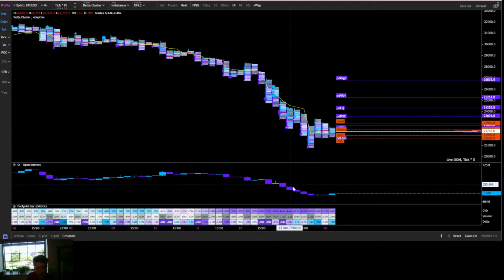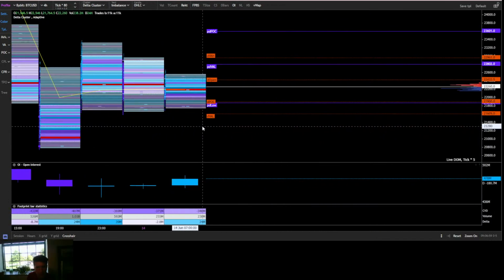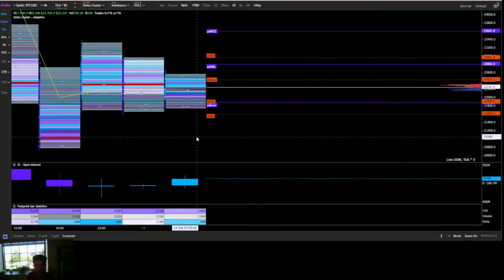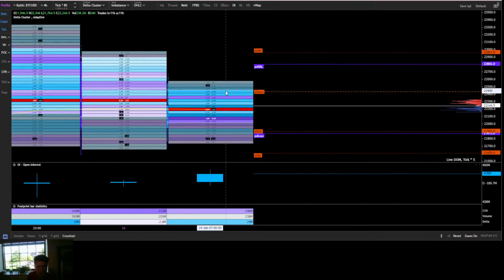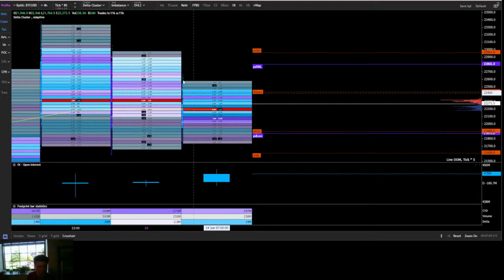Could be a possibility of an OI reset, but overall this candle on the 4 hour looks bullish. So take all you want from that.